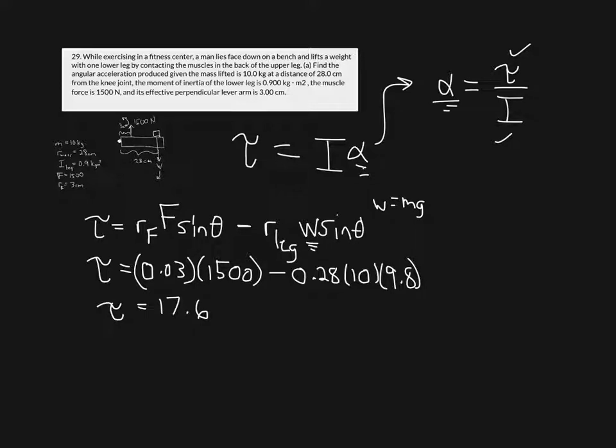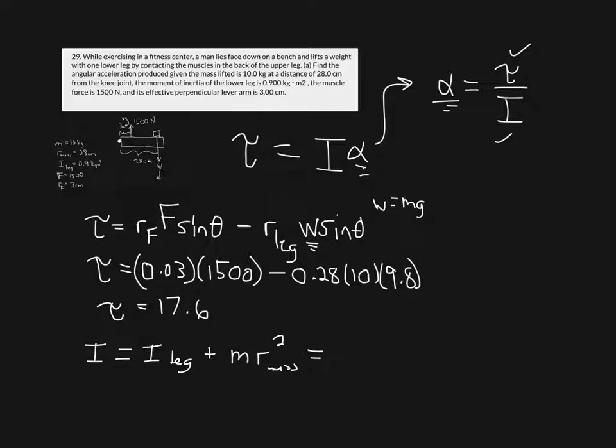Then I need to find the total moment of inertia. The moment of inertia is going to be the moment of inertia of my leg plus m times r squared, where r is r of this mass. So that mass provides some inertia onto this leg.